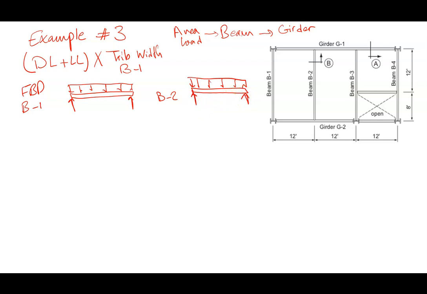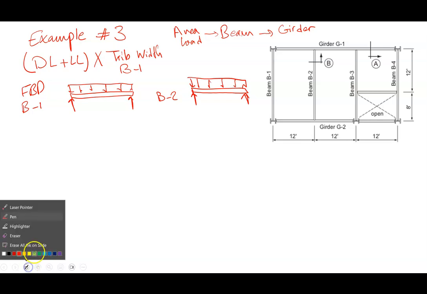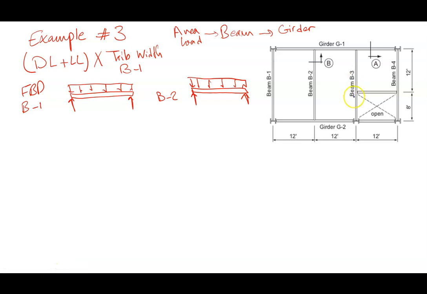And it's a simply supported beam, so we can calculate the reactions. But for beam B3, we have two different sections. One section has a tributary width twice the section that has an opening on one side.